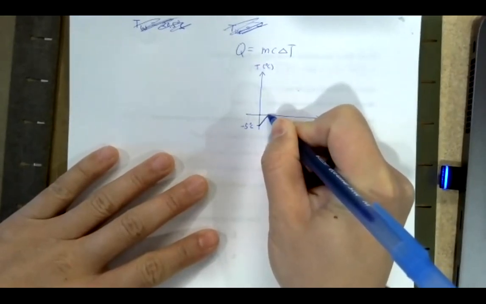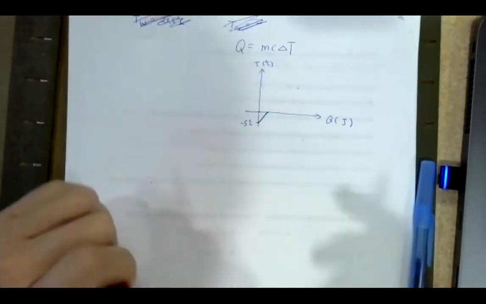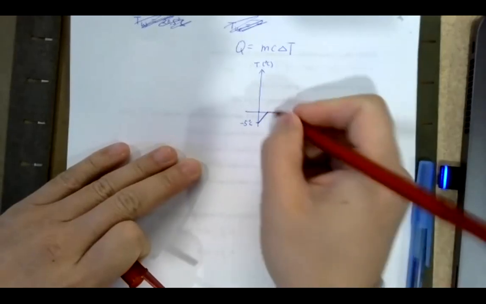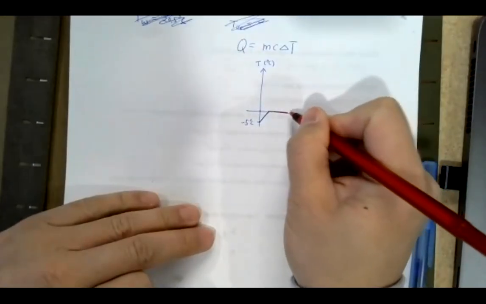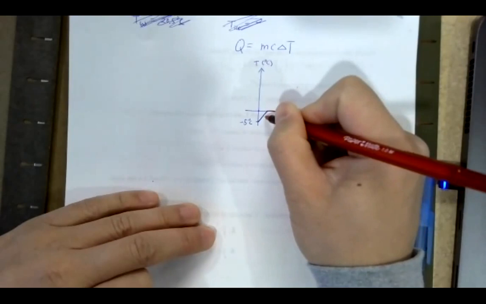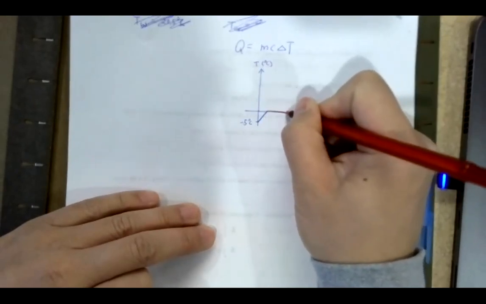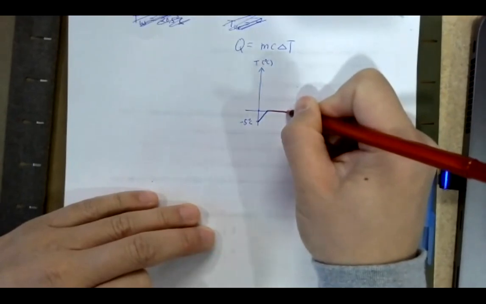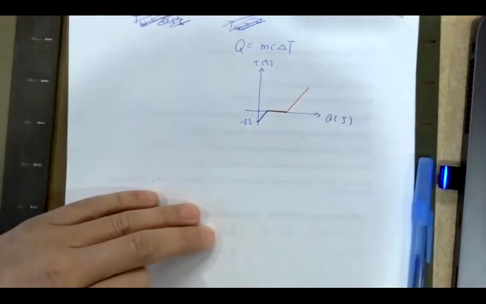Then when it reaches 0 degrees here, it will melt, right? In that case, the temperature will not increase, will stay the same, okay? And then after that, if the heat you added is enough, then the whole ice will become water, okay, totally. And then if there's remaining heat to be added, the temperature of water will rise again, okay?